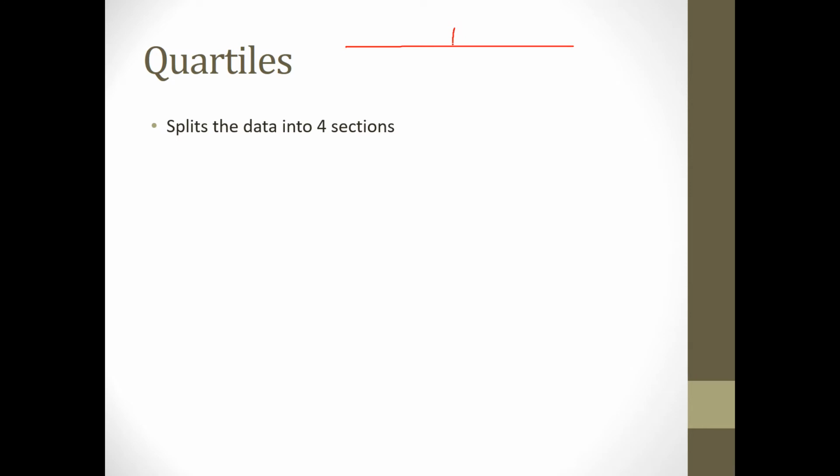So to do quarters, we cut the sandwich in half and then I take each half and cut that in half. And then each section is 25%. So now I have, with 3 cuts, 4 pieces of sandwich. Okay, so that's what I mean when I say splits the data into 4 sections.